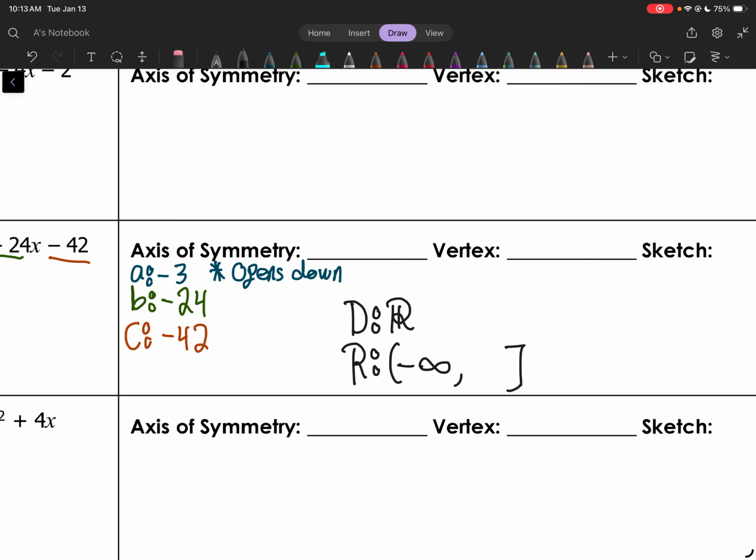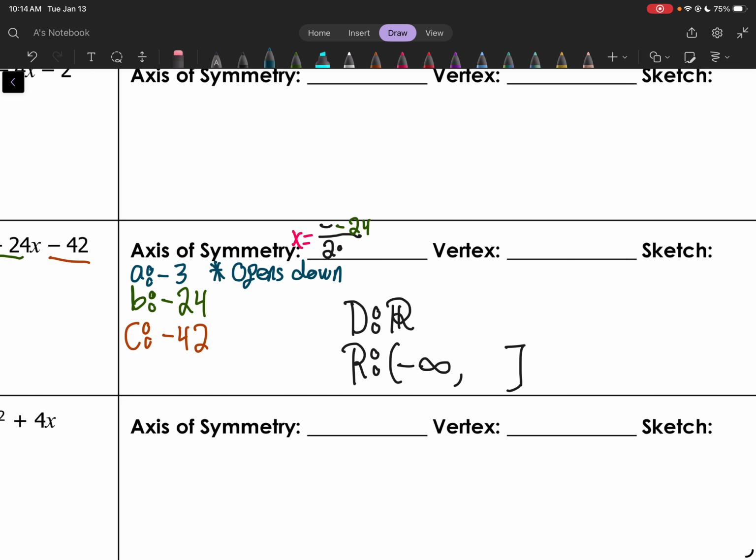All right, let's find the axis of symmetry. Axis of symmetry is going to be x equals, now the formula, -b over 2 times a. My b value is -24.